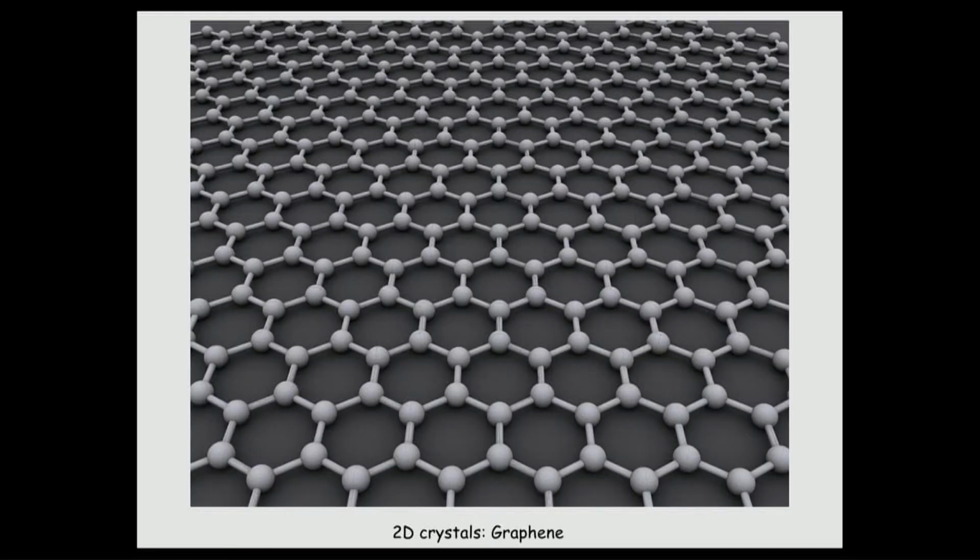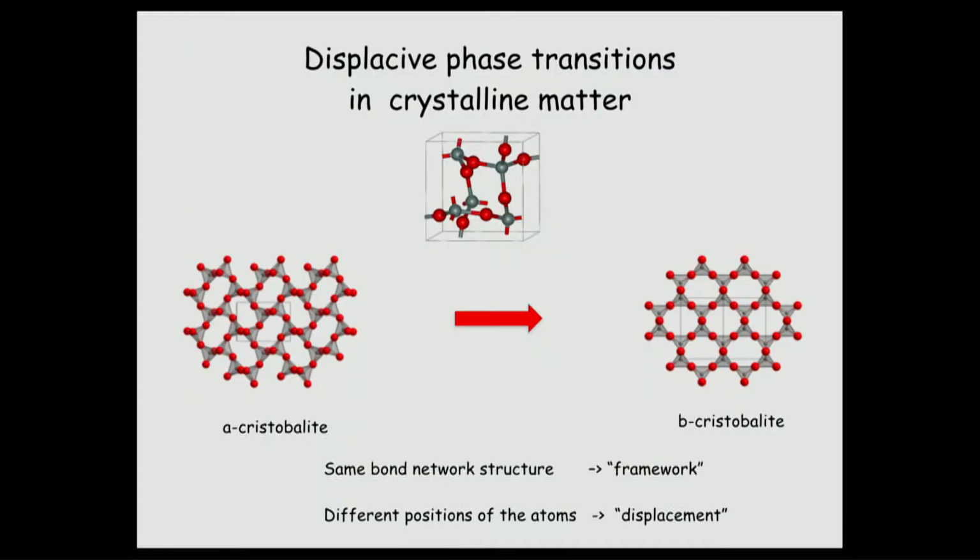And finally, the last part of our application area is on crystals. And I mean not only two-dimensional crystals like graphene, but also the cristobalite that I mentioned before. We'd like to understand displacive phase transitions. This is a high energy transition, we know, so it's very likely these are in different components of the configuration space.